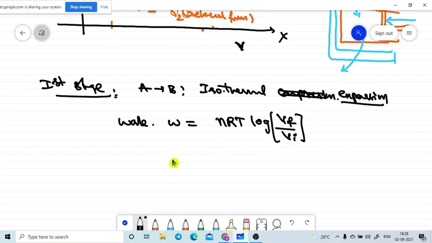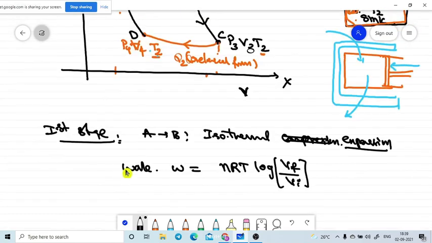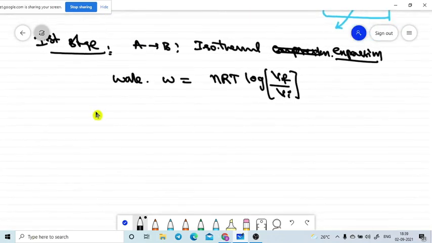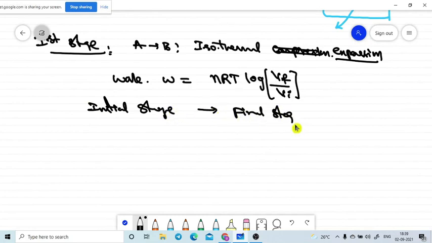But in our case, from which state to which state is it moving? This is the initial state and this is the final state. The initial state has the thermodynamic parameters P1, V1, T1. What are the final state parameters?